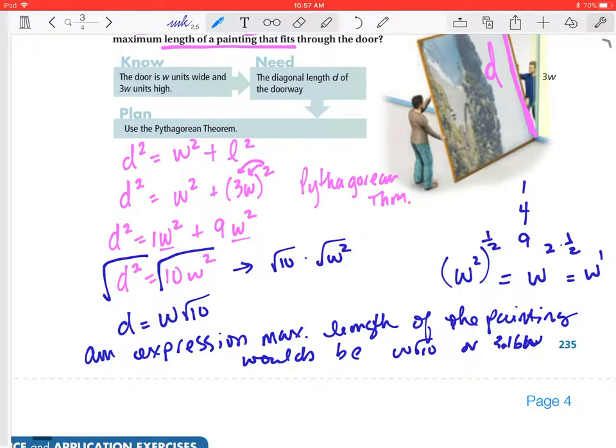So about 3.16 times the width. This is actually pretty handy because we can find the measurements for the door and the measurements of the painting, and we can know whether or not the painting will fit through the door. But that is our final answer, and we are done.